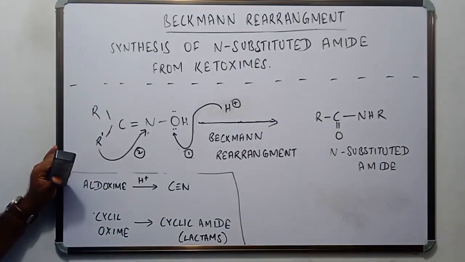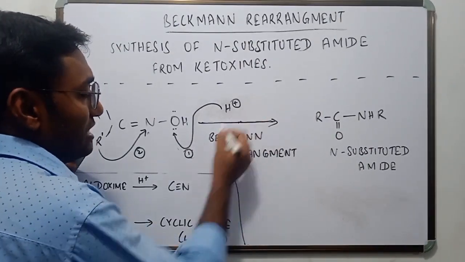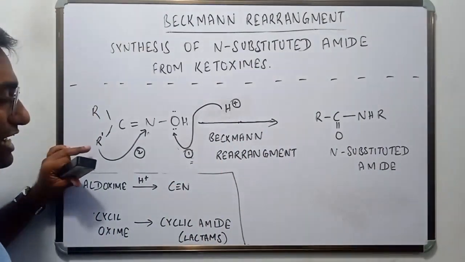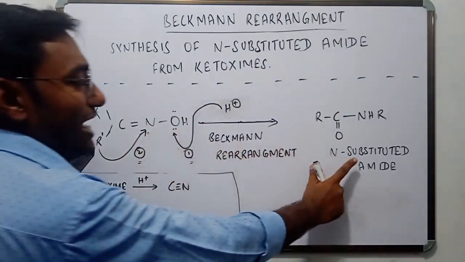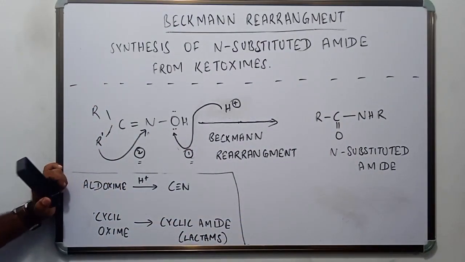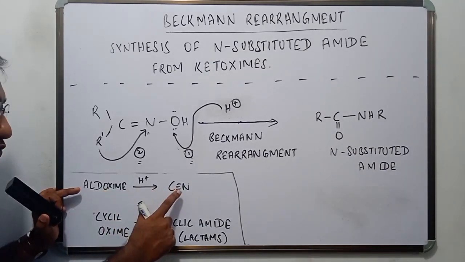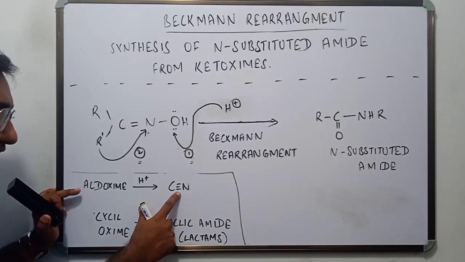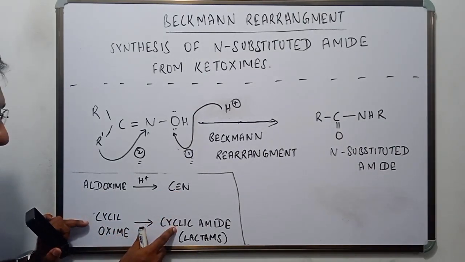So what is Beckmann rearrangement? Beckmann rearrangement is an acid catalyzed intramolecular rearrangement of a ketoxime to an N-substituted amide. Beckmann rearrangement is also used in the conversion of an aldoxime to nitrile compounds and the conversion of cyclic oxime to cyclic amide, which are otherwise also called lactams.